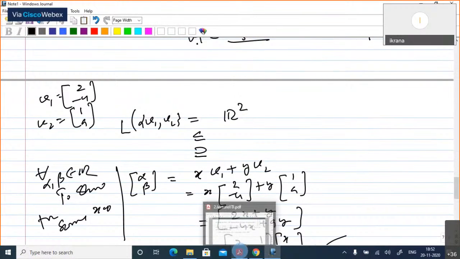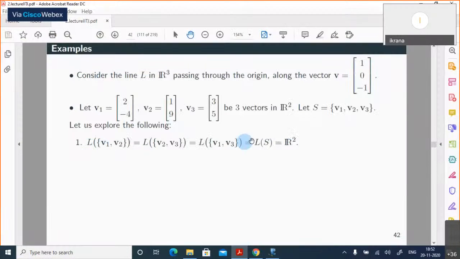So let me go back. Showing that all of these others are equal to R2 are exercises you can try. So the linear span is the whole of R2. But if I drop V2 and take only the linear span of V1, that will not give me R2. Why not?